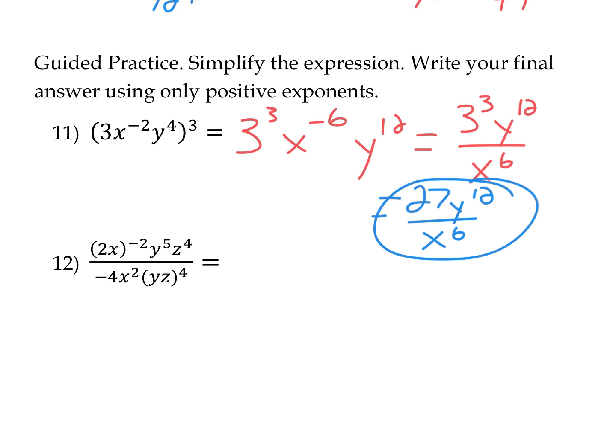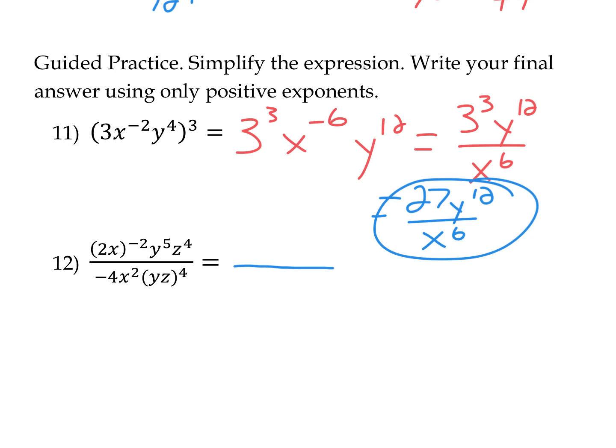All right, in our next example, we got a little more going on here. So let's simplify anything we can in numerators and denominators, and then we'll go between the numerator and denominator. So here, 2x to the negative second. Everything in the parentheses is to the negative second power. So this whole base and expression is going to move to the denominator. So let's start just by doing that.